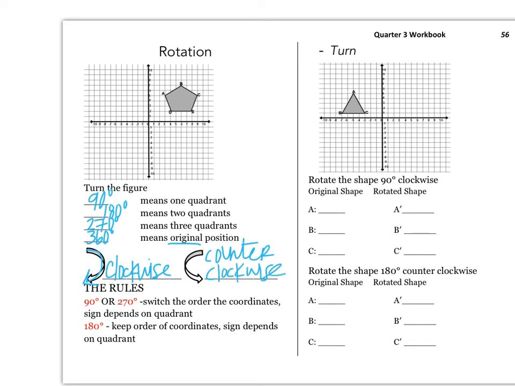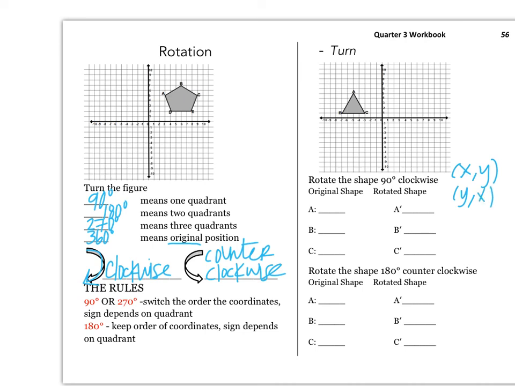Alright, so you go ahead and try this example over here. Then check yourself with me. So first, rotate ABC 90 degrees clockwise. So you'll end up in quadrant 1. And don't forget, for 90 degrees, XY flips to YX.